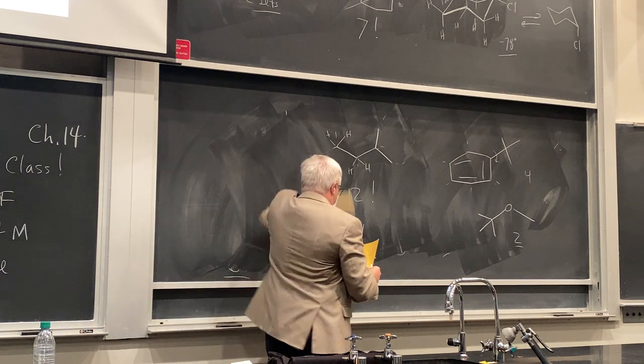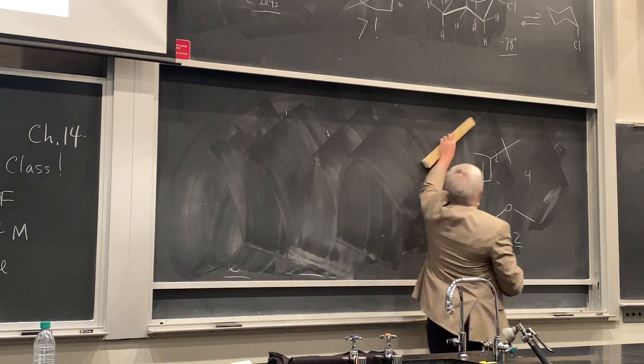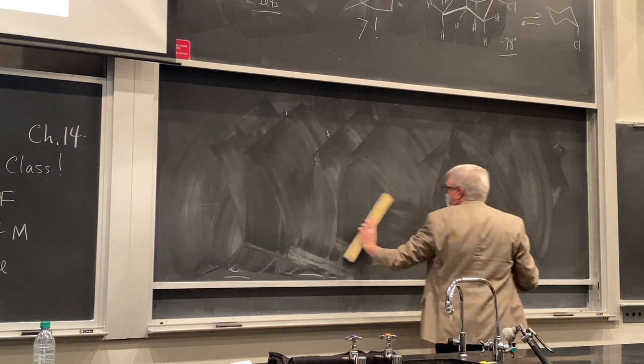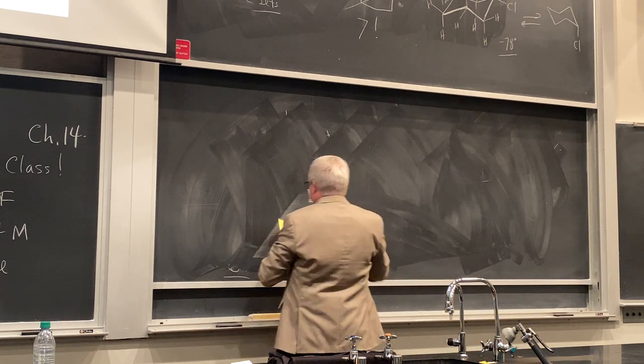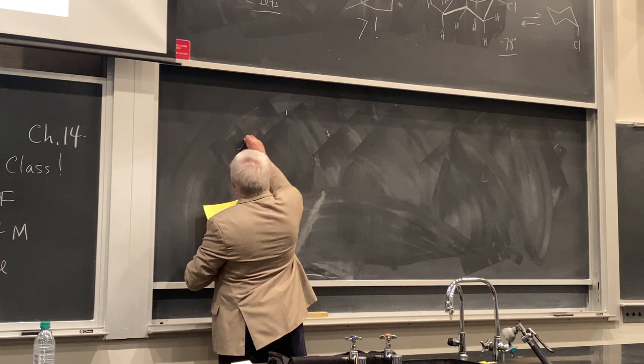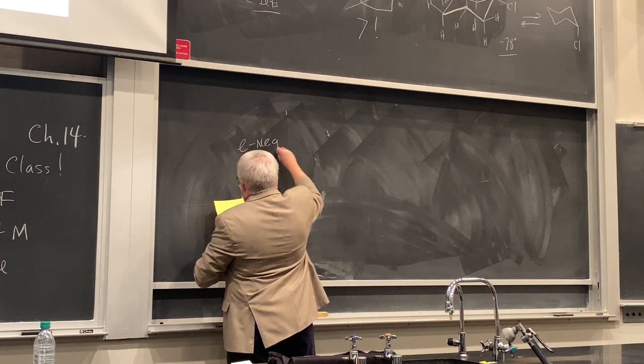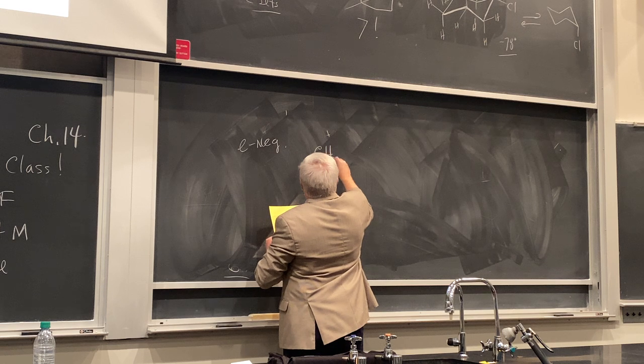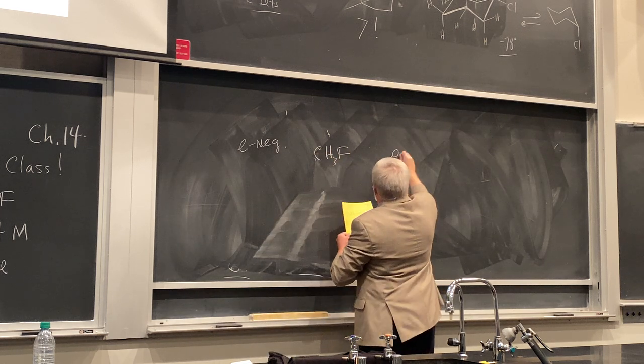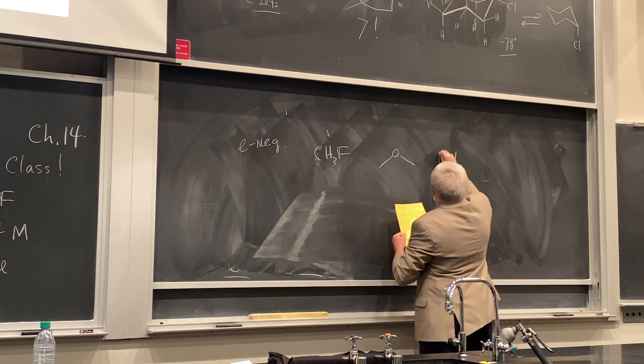So let's go back and look at some of the factors that affect shifting. The first thing to look at is electronegativity: how close things are to electronegative atoms. So let's look at these molecules here.